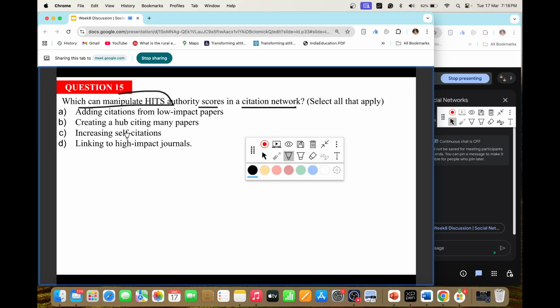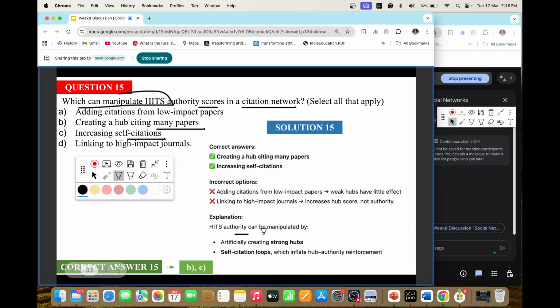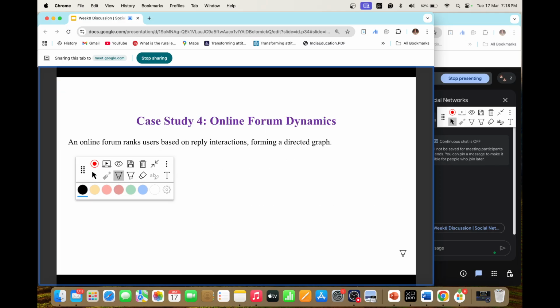Increasing self citation can be one thing, and creating a hub citing many papers. HITS authority can be manipulated by artificially creating strong hubs and self citation loops, which inflate hub authority reinforcement. So option B as well as option C is the correct answer.